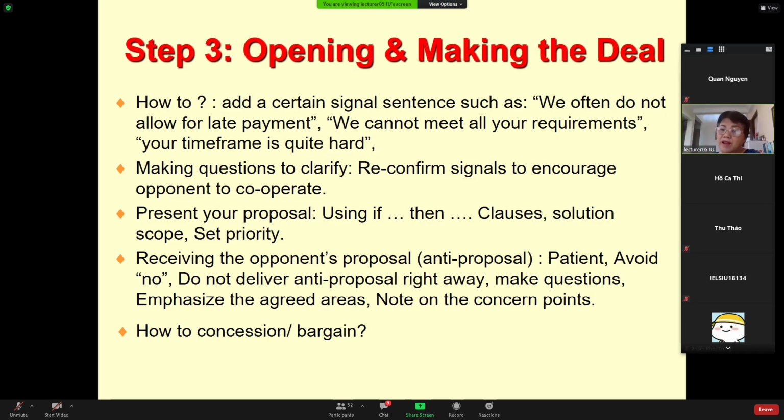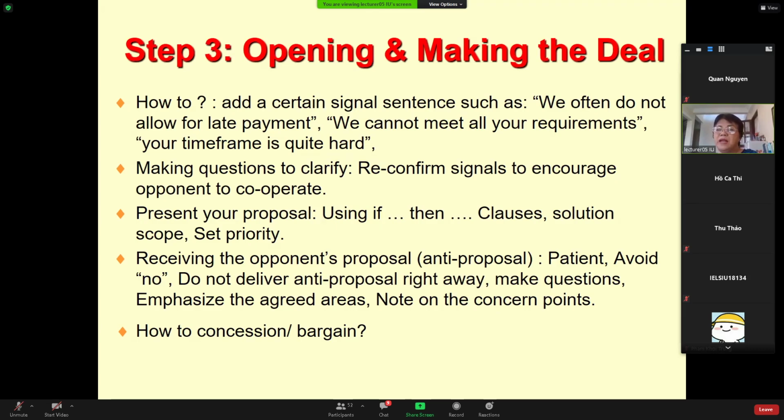Making a question to clarify, reconfirm, a signal to encourage the opponent to cooperate, present the proposal using an if-then clause solution, set the priority, etc. Or receiving the opponent's proposal: be patient, do not deliver a counter-proposal right away. Make a question, emphasize agreement, not the concern points, and how to bargain concessions.